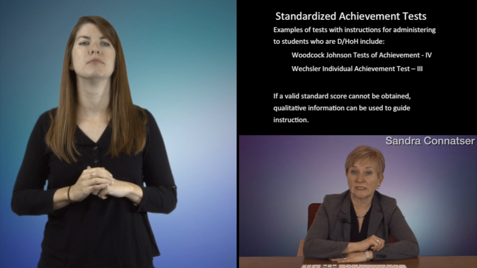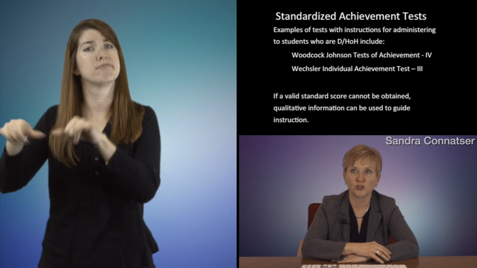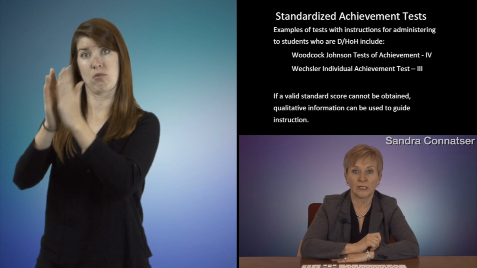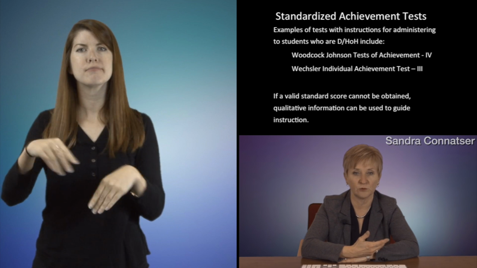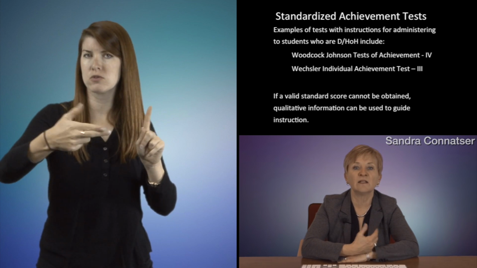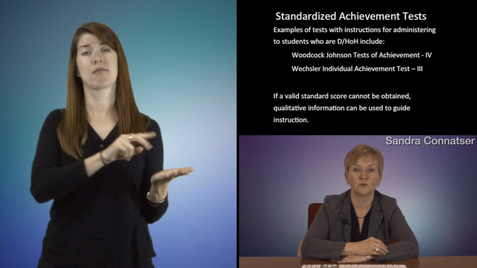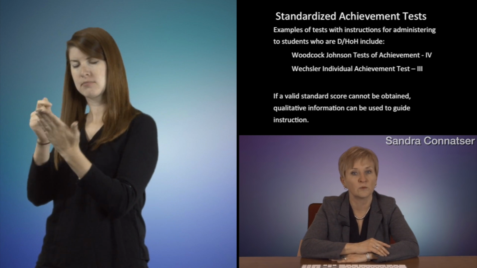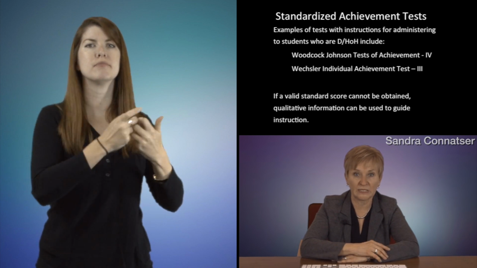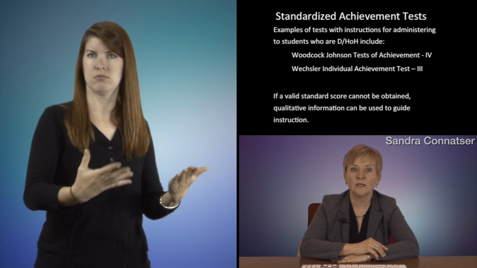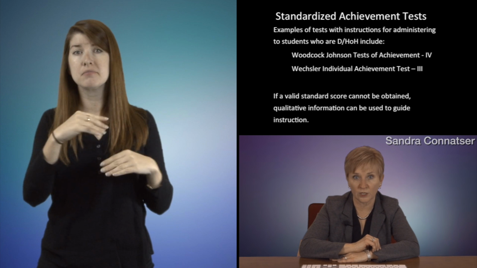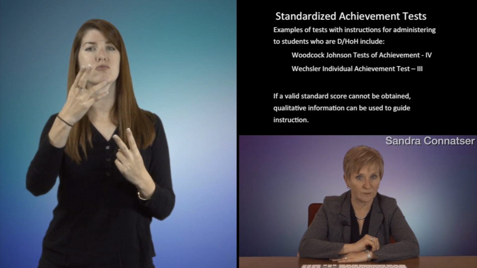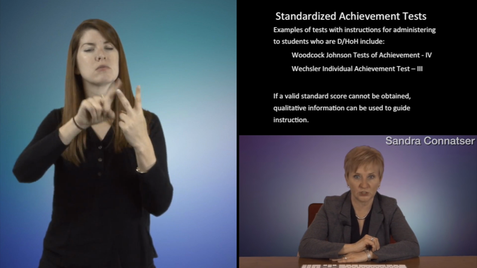There are standardized achievement tests that have instructions in the manual that allow us to administer parts of these tests to students who are deaf or hard of hearing, and an evaluator can consult the manual to determine which tests are appropriate and how they can be conducted with students. Two of those tests that have specific instructions are the Woodcock-Johnson Tests of Achievement and the Wechsler Individual Achievement Test.